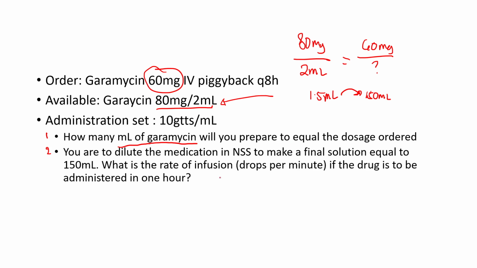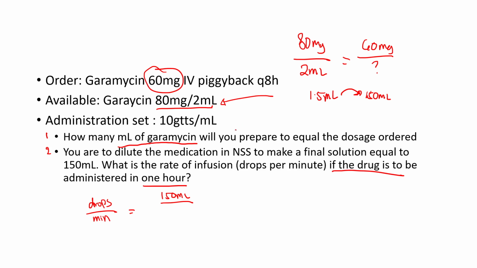So if you need to administer the drug in 1 hour, how fast should the drip rate be? We are looking for the infusion rate, drops per minute. What is the final volume to be administered? 150 ml.